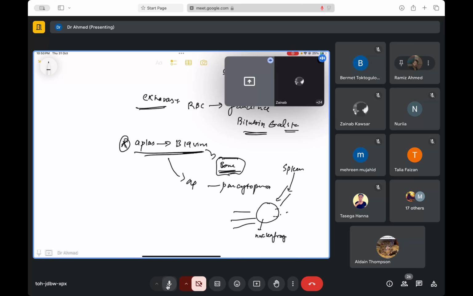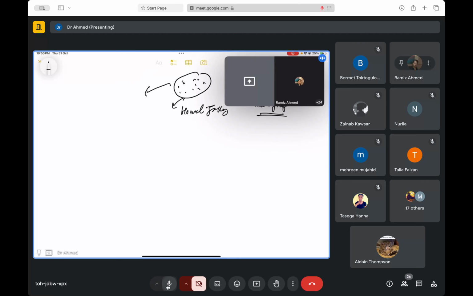Spleen does that work. If I remove the spleen, you'll have some remnant of nuclear material, and on smear it gives you certain bodies known as Howell-Jolly bodies. So after splenectomy, you'll be seeing Howell-Jolly bodies.